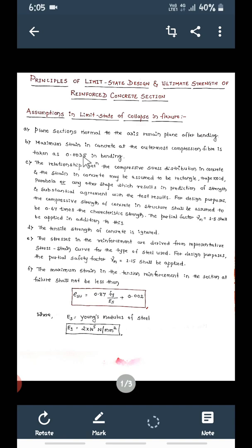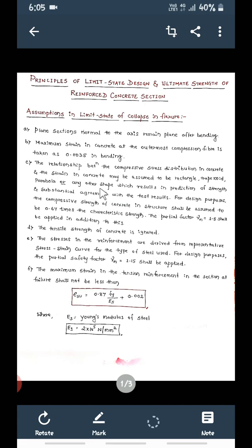So when the concrete fails, at that time the maximum strain in the concrete is 0.0035. Please remember this. The third assumption: the relationship between the compressive stress distribution in concrete and the strain in concrete may be assumed to be rectangle, trapezoid, parabola, or any other shape which results in prediction of strength in substantial agreement with the test results.